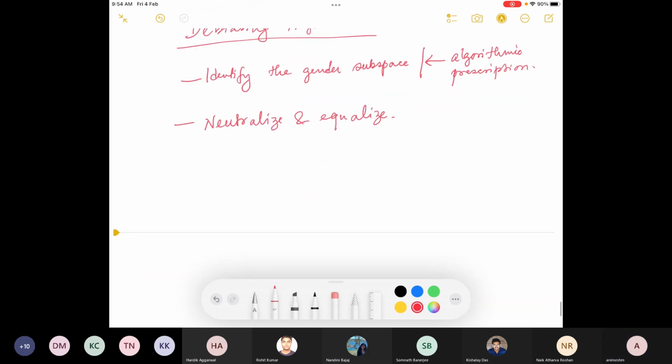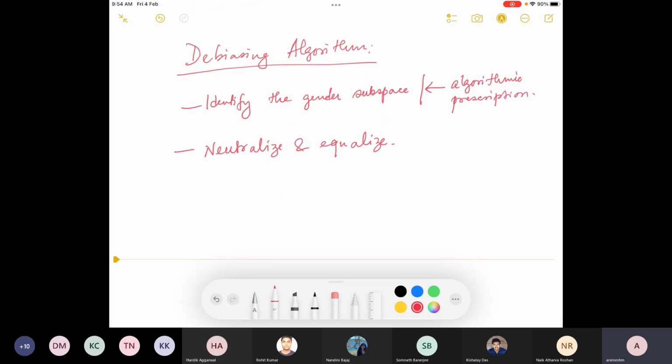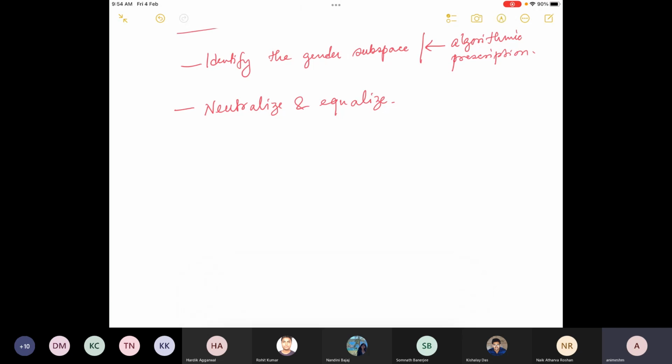You already know what a gender subspace is and how one can find it. We will define it more formally in the next class. However, the two other terms, neutralize and equalize, are new.